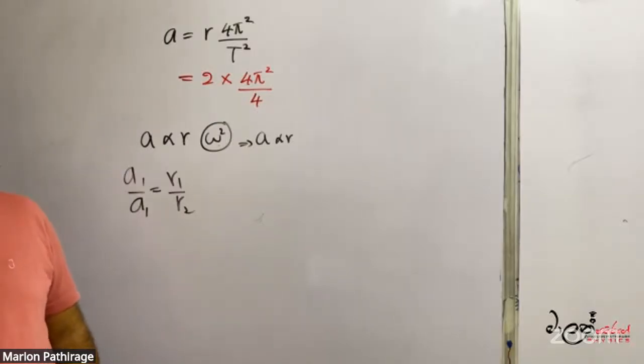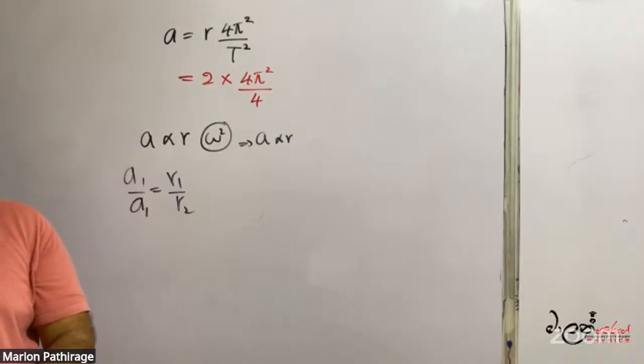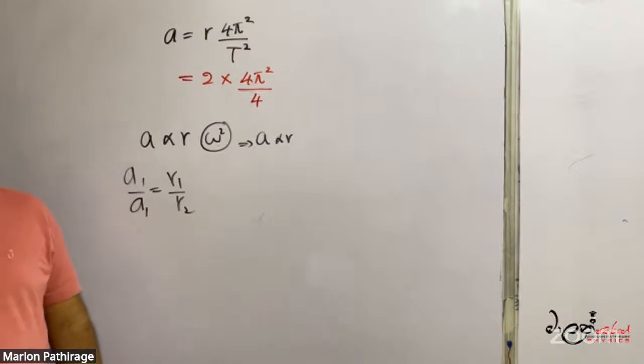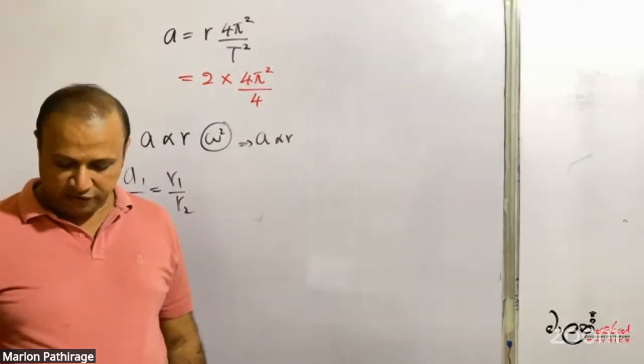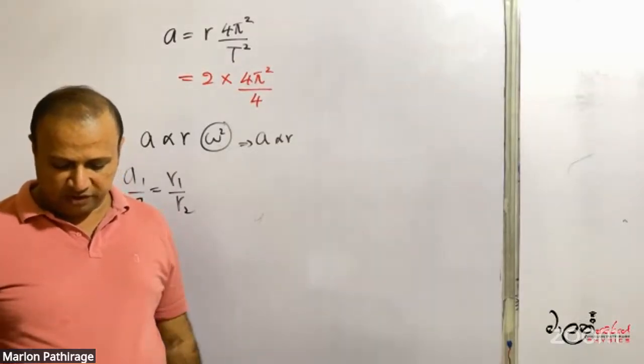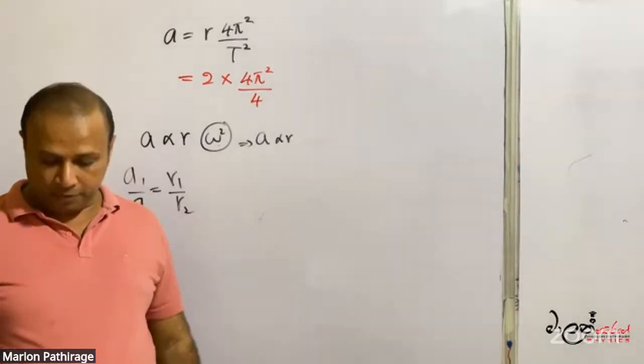Then, third one. A small mass is kept on a horizontal circular table which can rotate about a vertical axis passing through the center of the table.